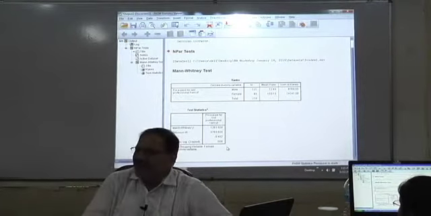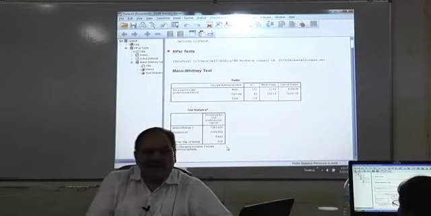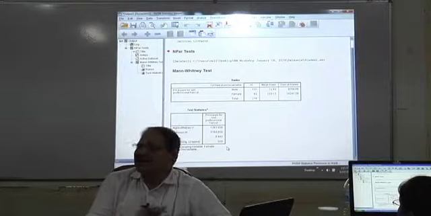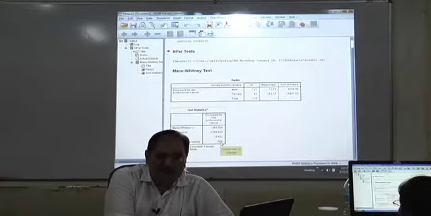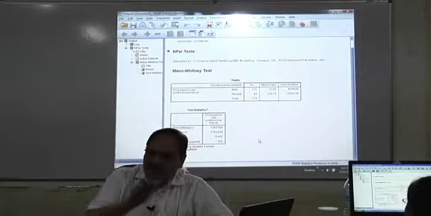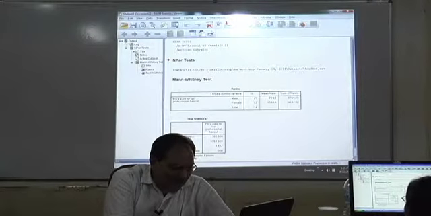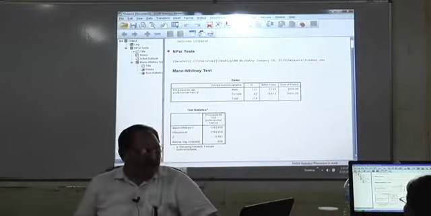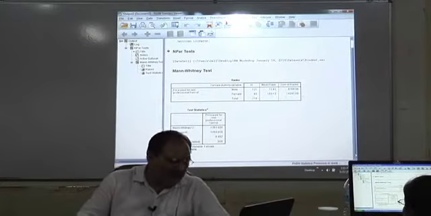That means the difference between the price paid for last haircut by male and female respondents is significantly different. Okay? Because the null hypothesis here that the price paid is equal is rejected. Alright? And therefore, it can be interpreted that the price paid for last haircut by male and female respondents is significantly different.